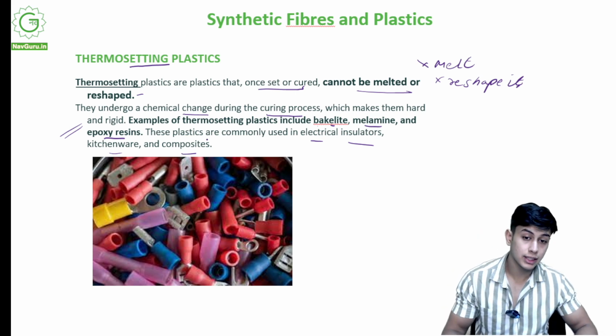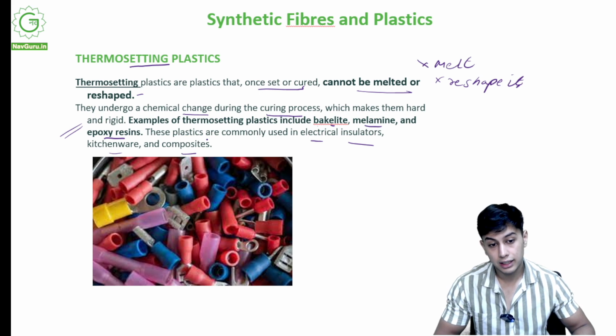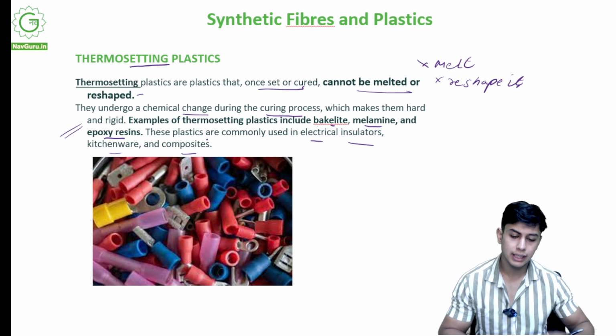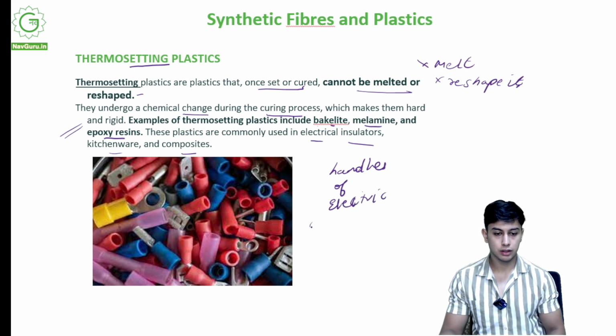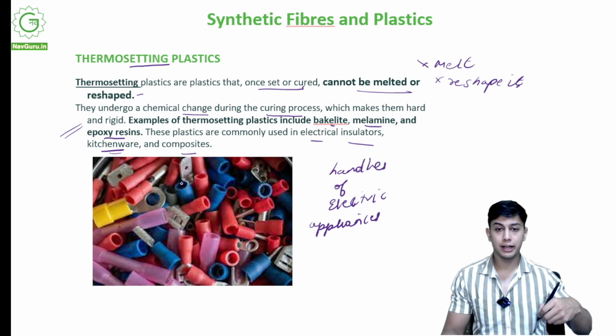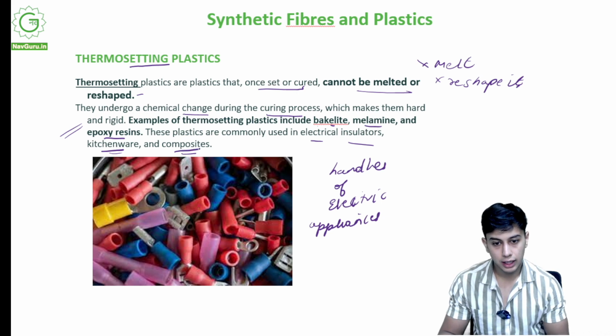Since they do not change shape and are heat resistant, I can use them in electrical insulators, to make something that does not conduct electricity at all, like handles of electric appliances, and kitchenware, so that it does not conduct heat. The handles of your pots can all be made from thermosetting plastics and composites. This is all thermosetting.